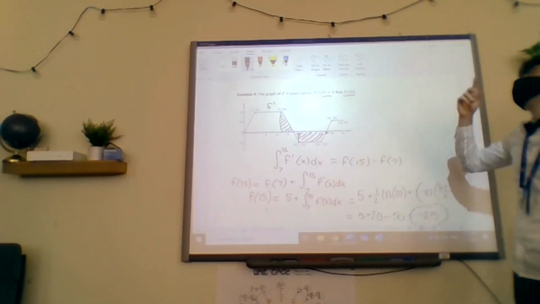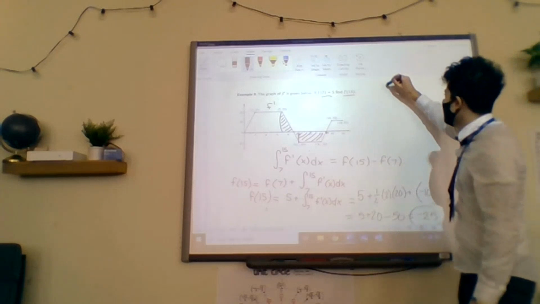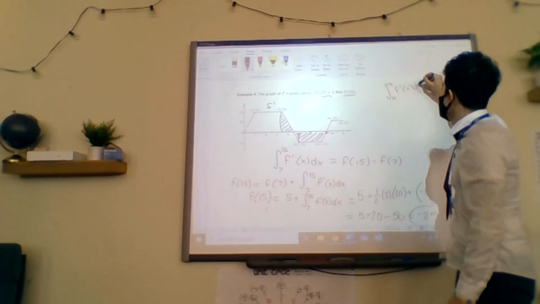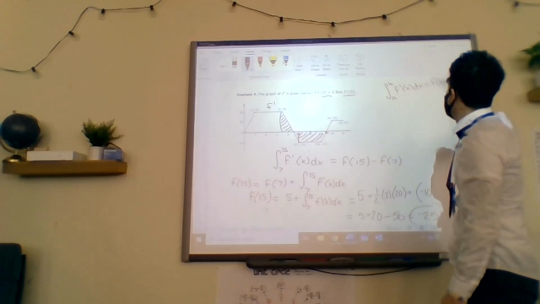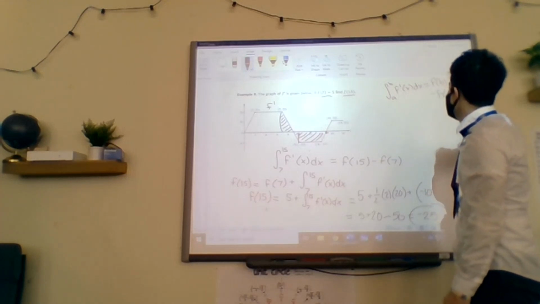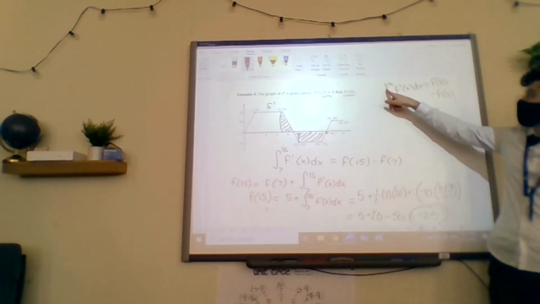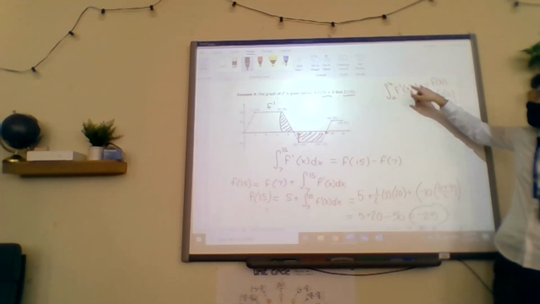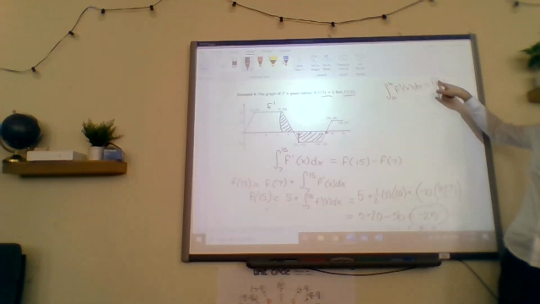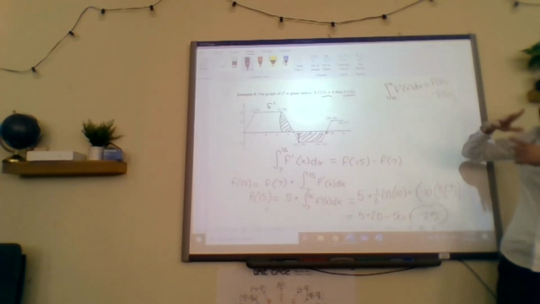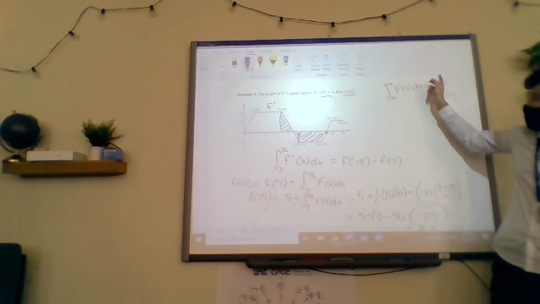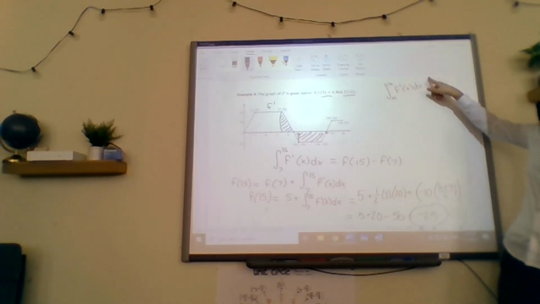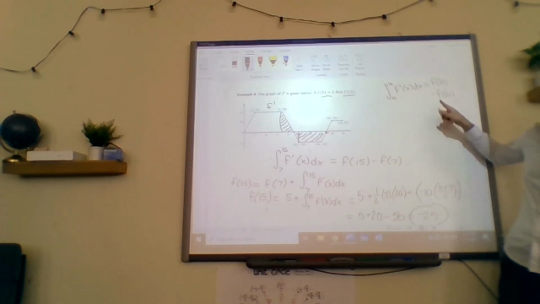First thing is that we just learned this fundamental theorem of calculus, which tells you basically that if you take the integral of something, you are getting the total change of a function between b and a. So the total amount of change for f between b and a.